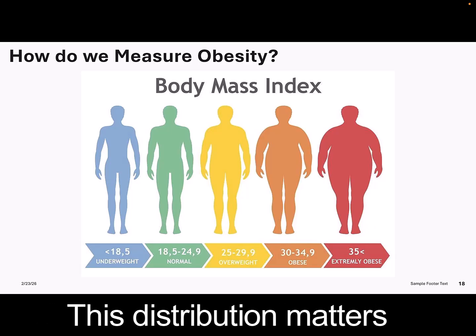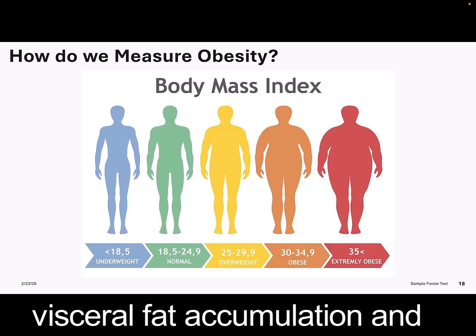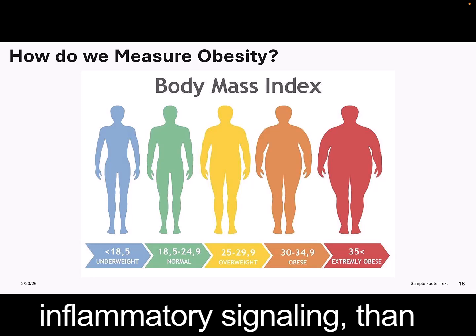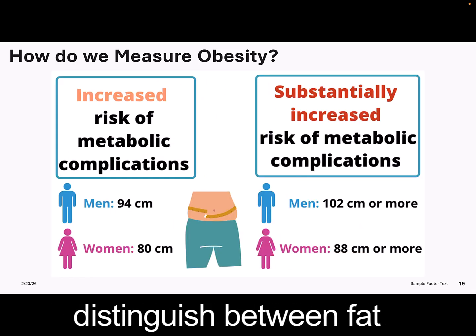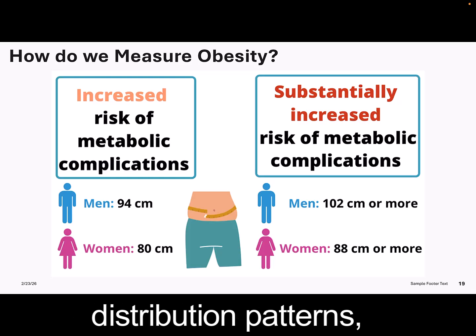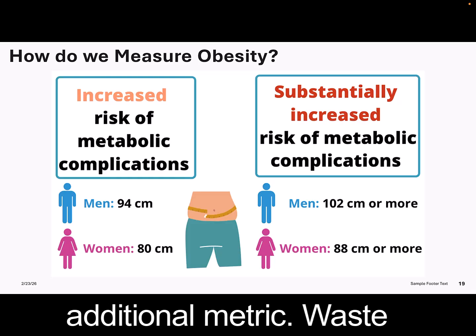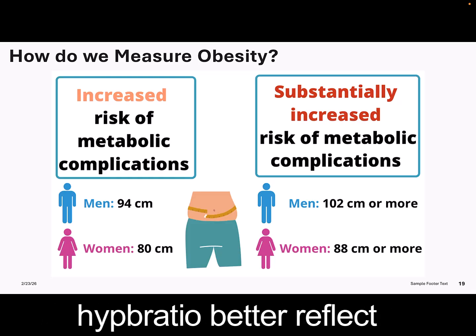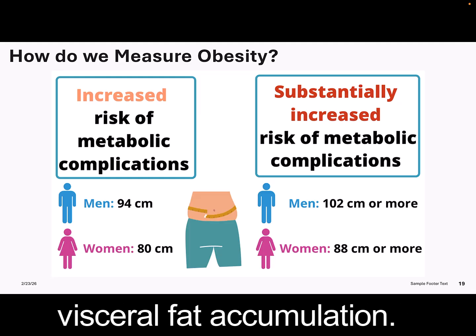This distribution matters because metabolic risk is driven more strongly by visceral fat accumulation and inflammatory signaling than by total body weight alone. Because BMI does not distinguish between fat distribution patterns, clinicians often use waist circumference as an additional metric. Waist circumference and waist to hip ratio better reflect central adiposity, particularly visceral fat accumulation.